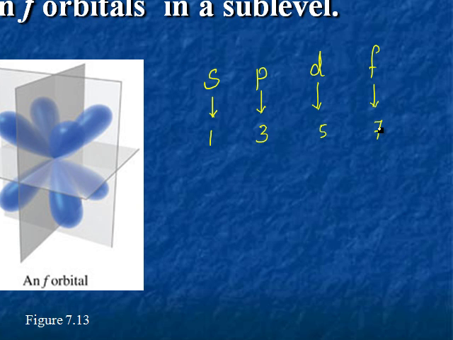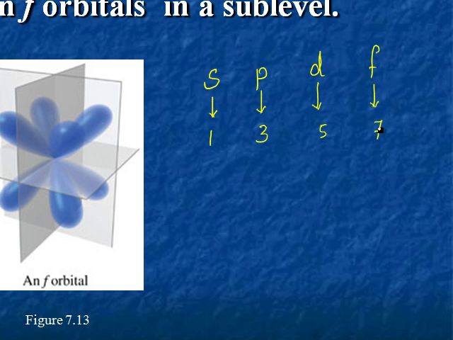So n is equal to 1 is the lowest possible state. Now when n is equal to 1, you have only an s orbital. So that is the box given here, the 1s orbital. 2 electrons in there. We have how many more electrons to show? 4 more. So we go to the next level.